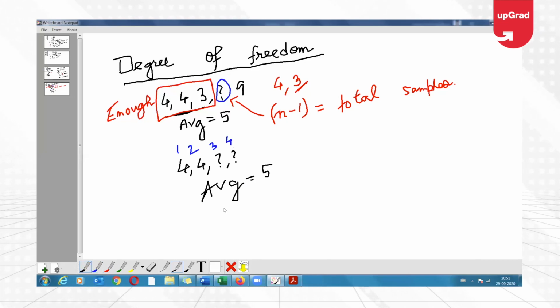I also tell you that number 3 is equal to number 4. If I tell you these 2 things, can you calculate these 2 numbers? The answer is yes, we can, and the answers are 6, 6.